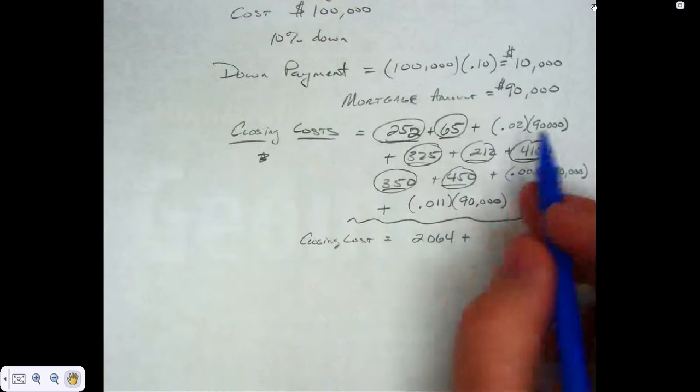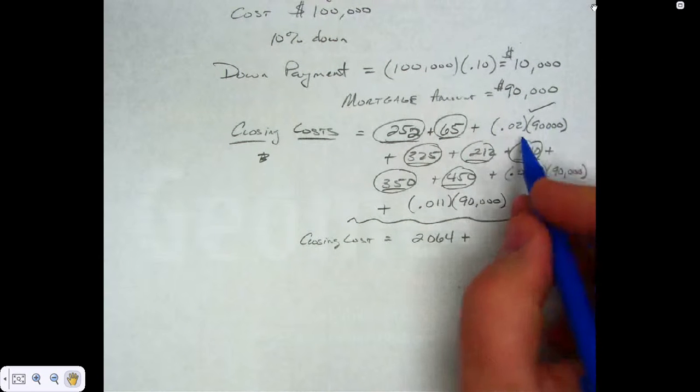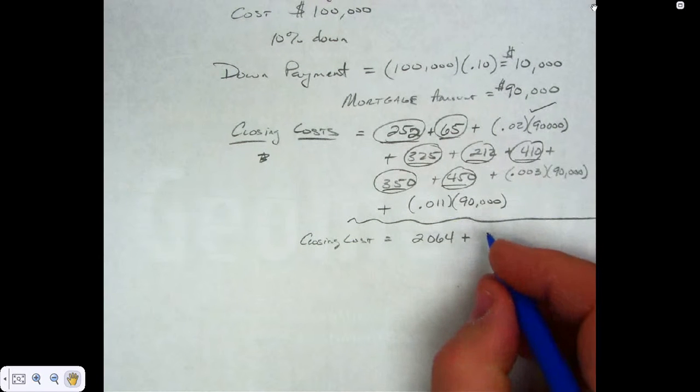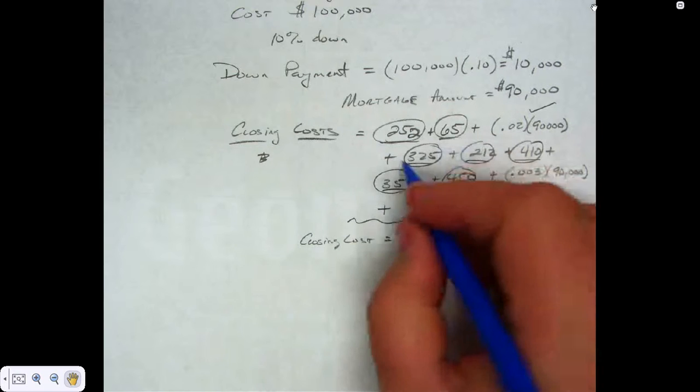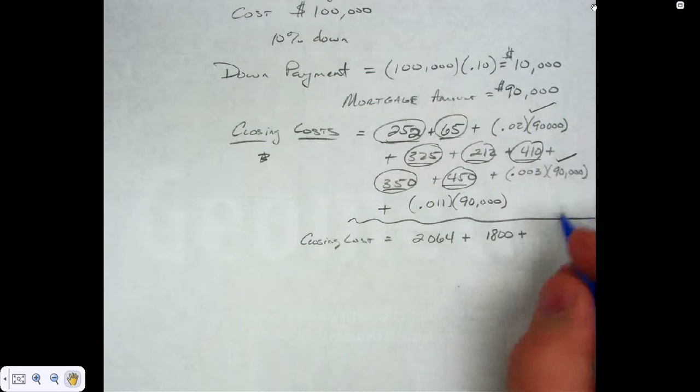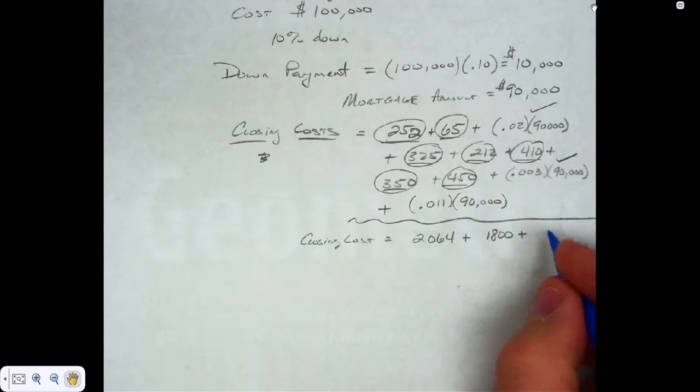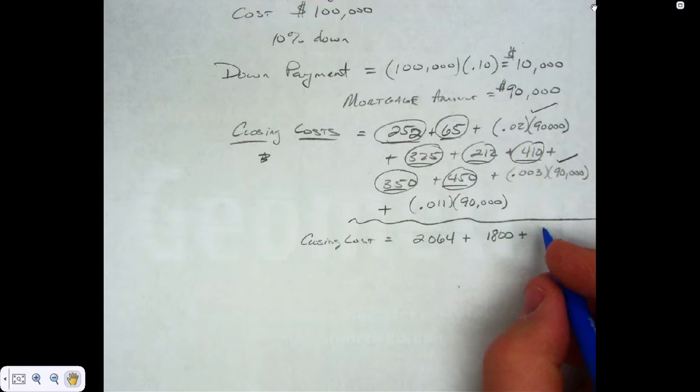Okay, now, let's find this one right here. 0.02 times 90,000. What is that? Okay, now the next one, this one right here, 0.003 times 90,000. What do you get? 270?